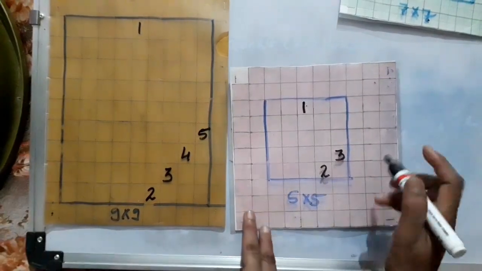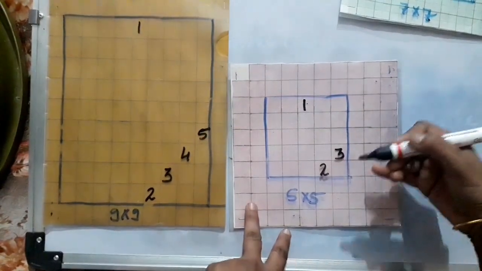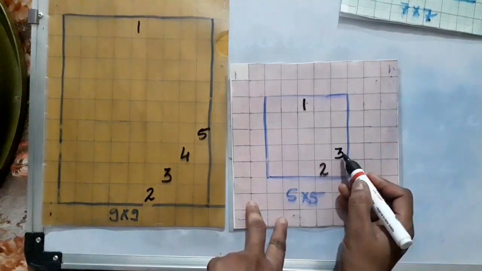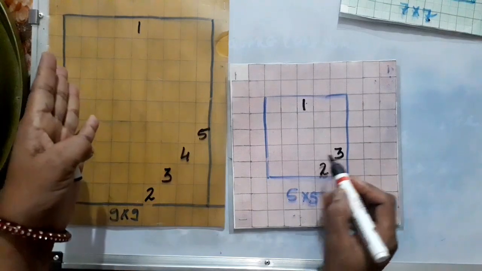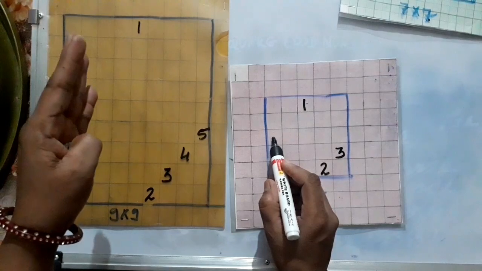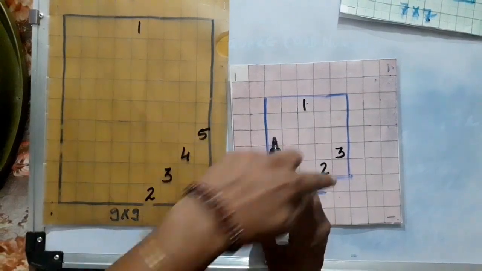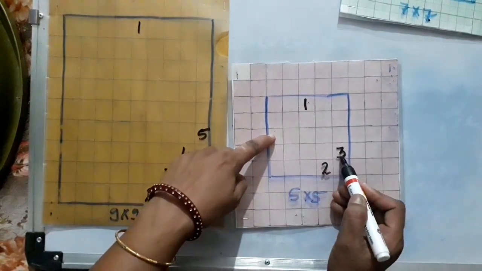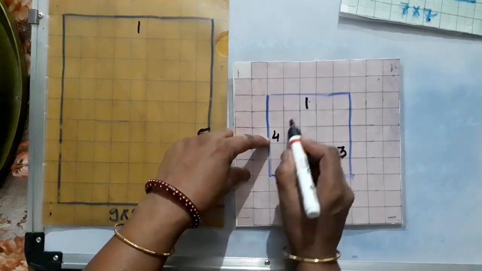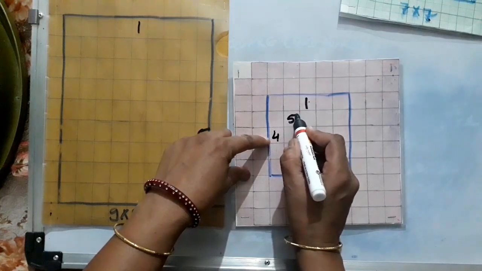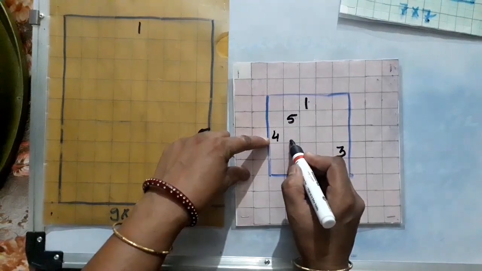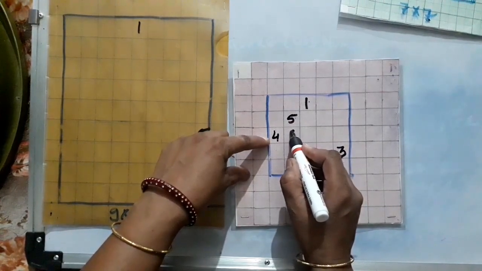That is, here when you are at the right side, again you have to come to the left side and then move 1 square to the top and write the next number. That is, up to 3 you have written, so 4 will come here, write 4. Then move diagonally, that is 5 here, and if no space is there, you will come 1 square down and write 6.